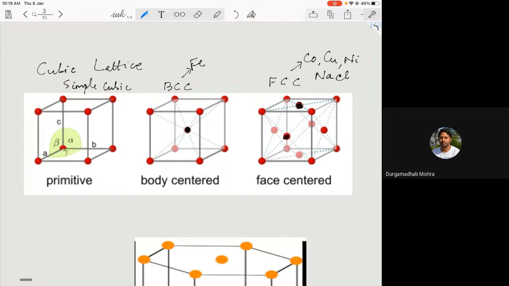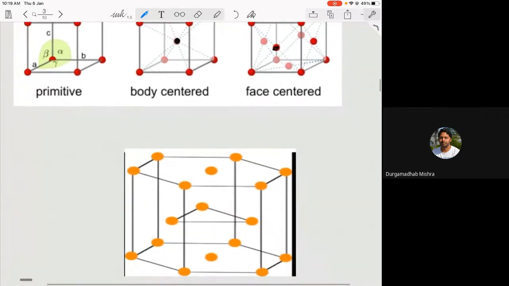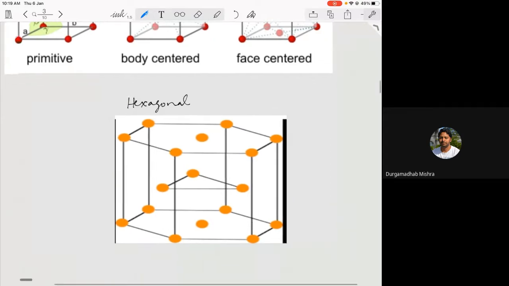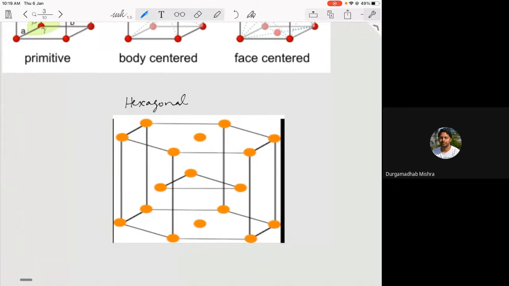Okay, so then there is another type which we also want to show here, a hexagonal lattice. As you can see, these lattices are defined by their geometry. So this is a hexagonal arrangement of atoms.